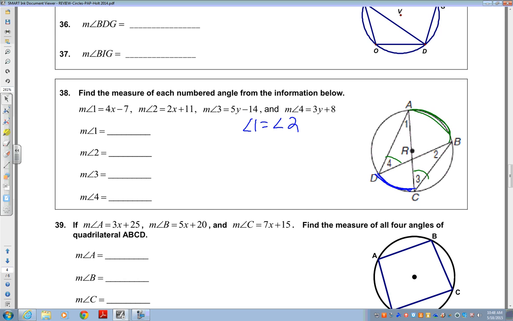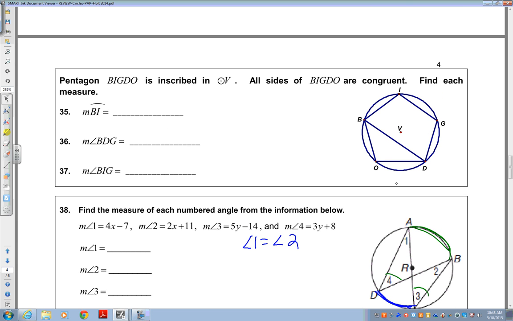All right. Now, this was probably one of the most missed previously, because you have to use your chord property, which was our chord theorem number 1. Not chord. Congruent chords. So basically, we know that the pentagon is inscribed in the circle. All sides are congruent. I want you to find the measure of each angle or each arc.